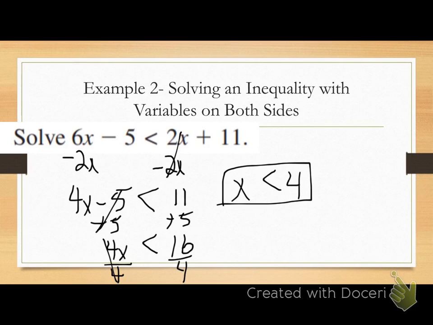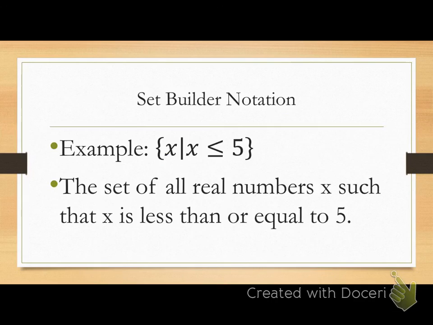In this case, I would have said the set of all real numbers x, such that x is less than 4. Like I said, it's just another way to represent a solution. Are there any questions about that? I'll go back to this slide if you wanted to write it down.